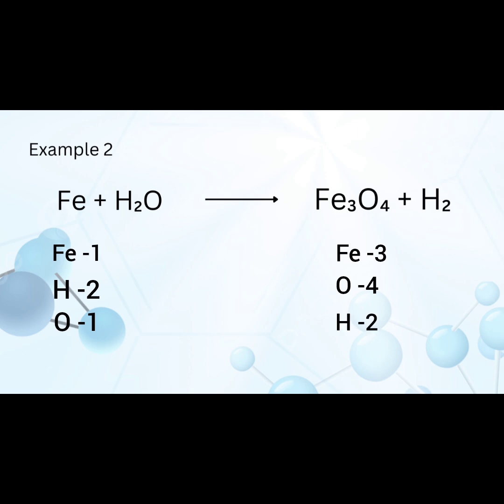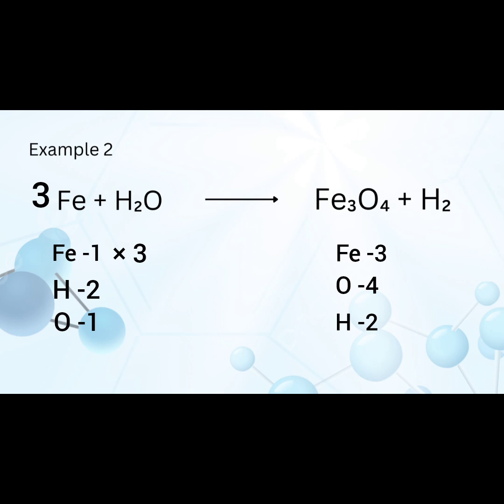So here the number of iron molecules in both sides are different. So what trick can we apply? If we multiply by 3 in LHS, the number of Fe molecules on both sides will be equal. Now we can see another difference, that is, the number of oxygen on both sides is different.